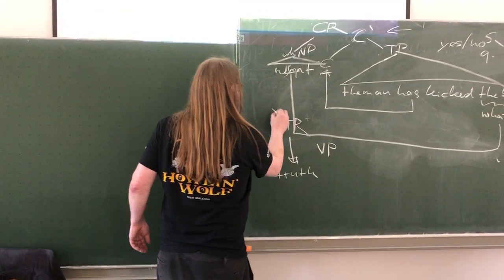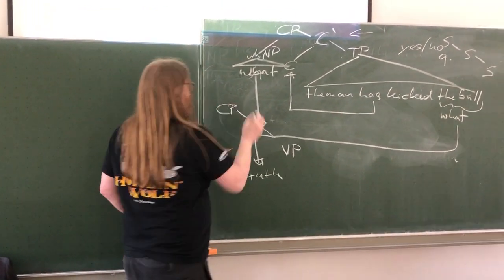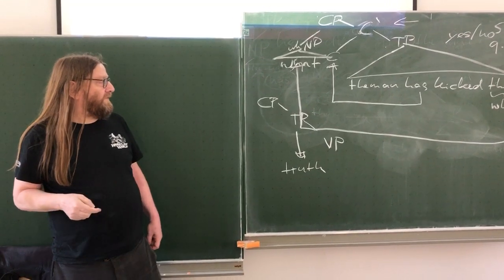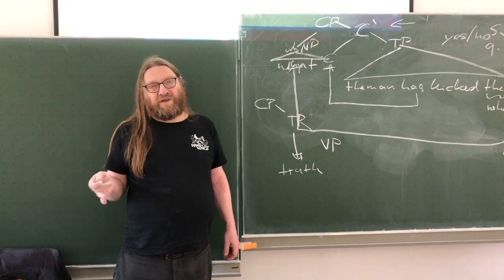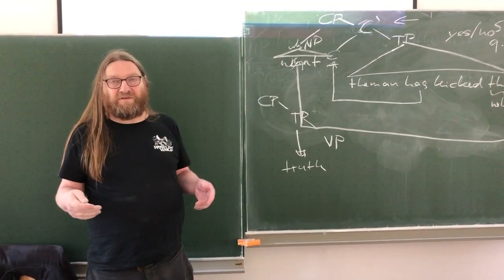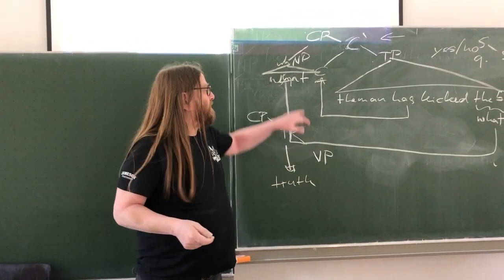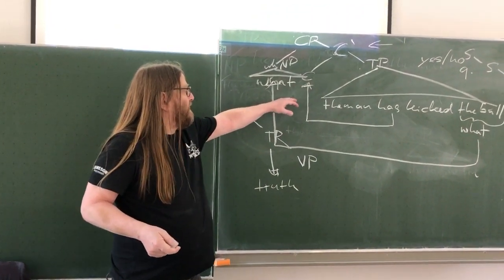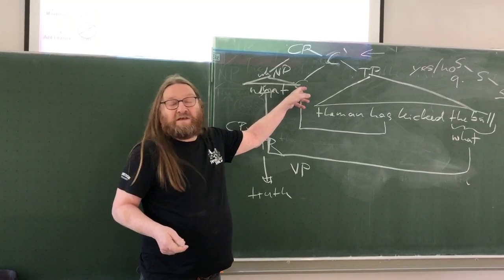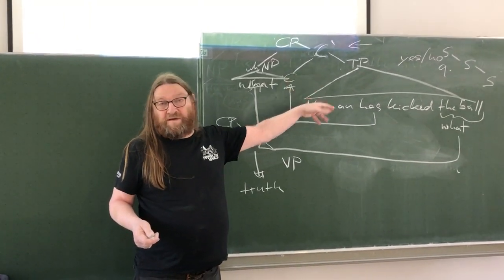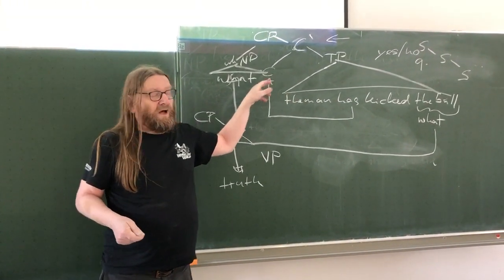On top of that, we have CP, and one could also say, well, complementizer, that's just a tiny function word, and complementizer in this case is just a position where another element is moved to.